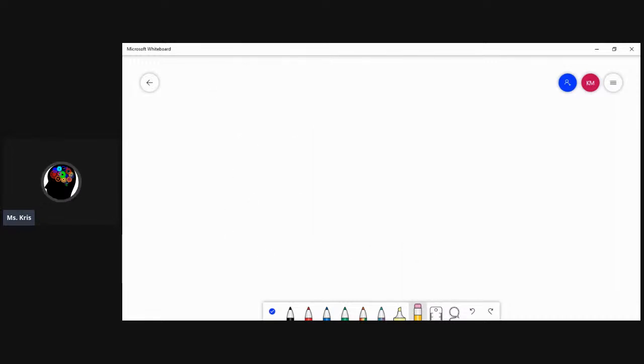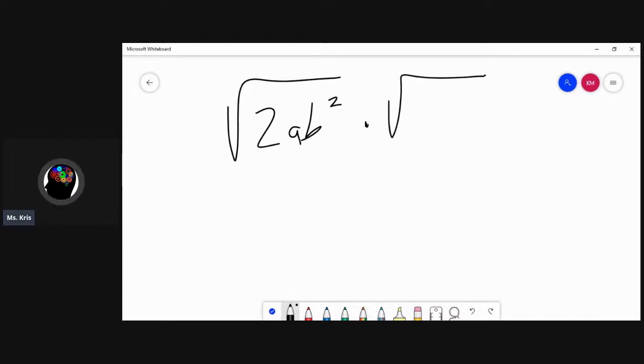Here's another example. You have the square root of 2ab squared times square root 6a to the third b squared.